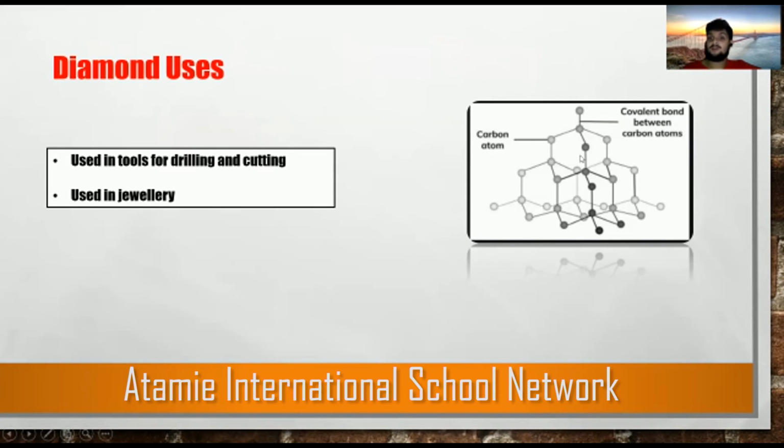Also, when you polish diamond nicely, you are able to use it in jewelry. Jewelry also uses diamond because it is hard in structure. If it were very weak, then we wouldn't use it, right? So that's the way we use diamond in real life, based on its properties.